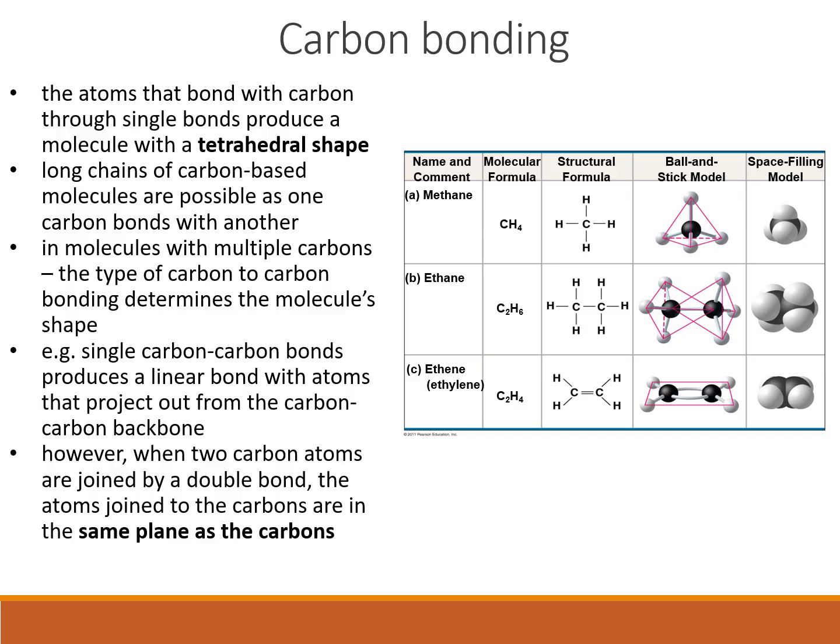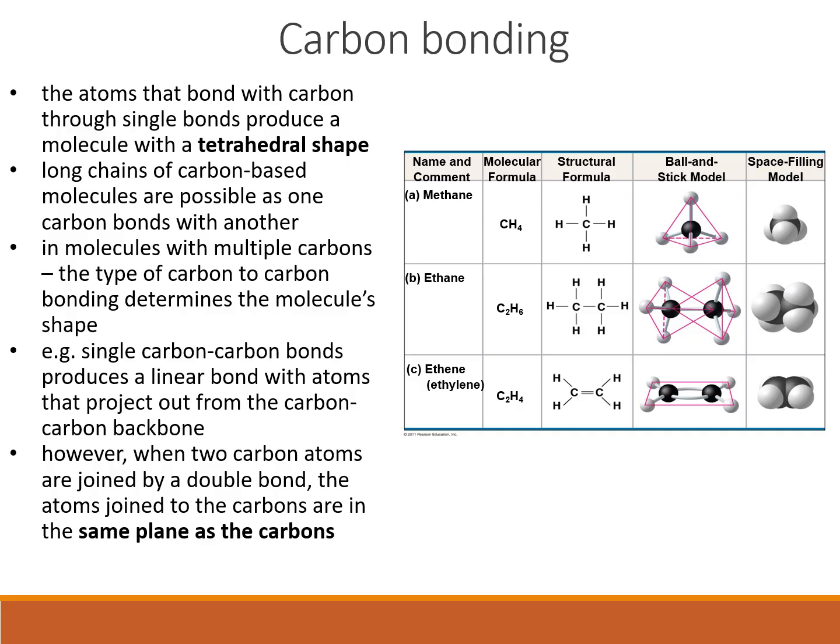And what you end up with is kind of a linear chain of carbon with the other atoms that sort of project out. So if you take a look at this figure here, right in the center, ethane, you can see the 2 black circles. Those are the 2 carbons. Notice they are in line with one another. And then the hydrogens sort of project out in a 3-dimensional manner.